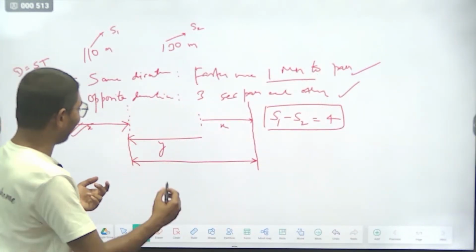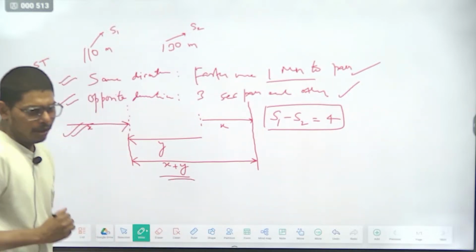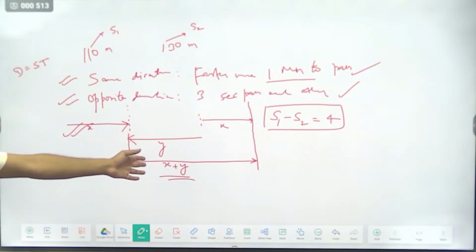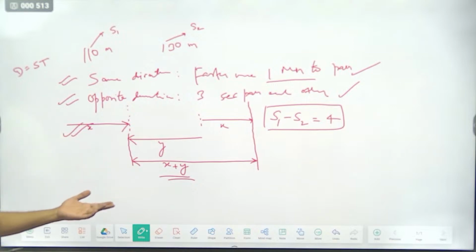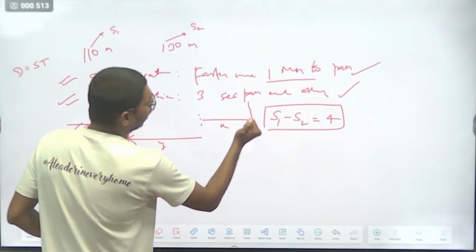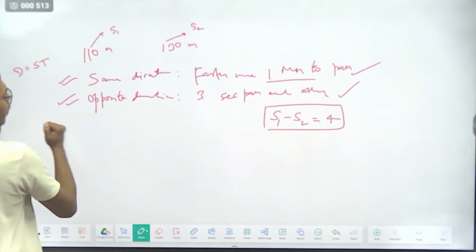Come on in, no worries. So this is x plus y. This is the distance it has to cross, so as to be said that it has crossed, even in the opposite direction. Now the same stuff. Everyone knows the relative speed over here. What will happen to the relative speed?